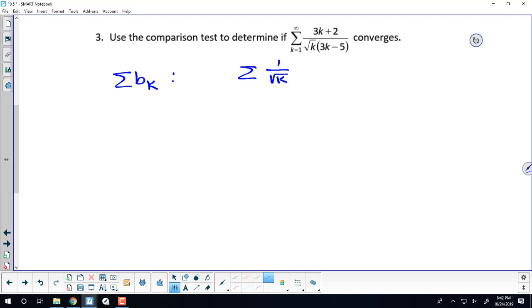So what do we actually have? We have a k on top of the series that's given. We actually have as the leading term on the bottom, root k times 3k. So let me scoot this.